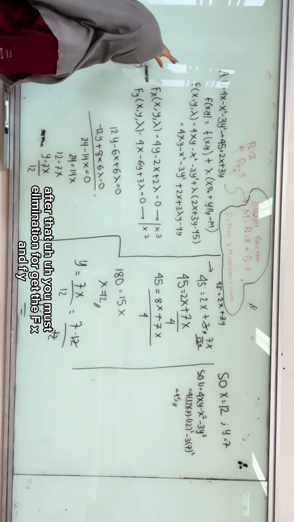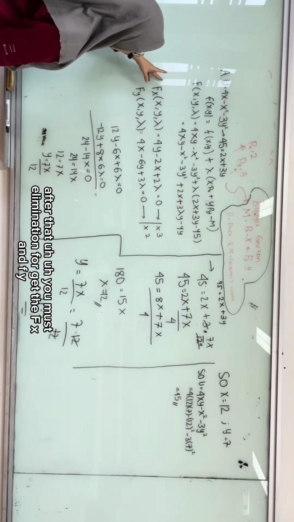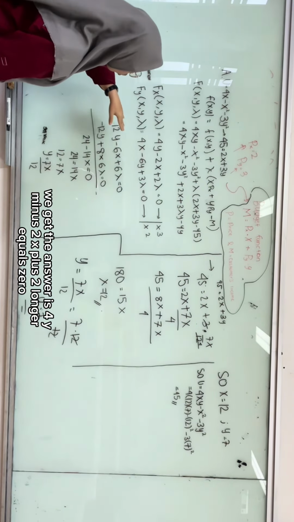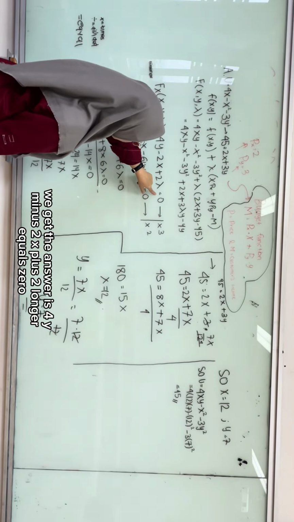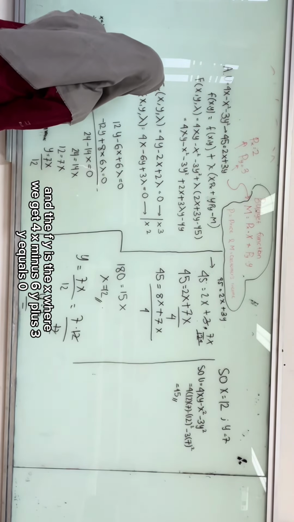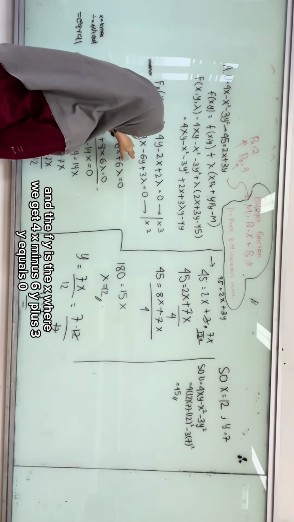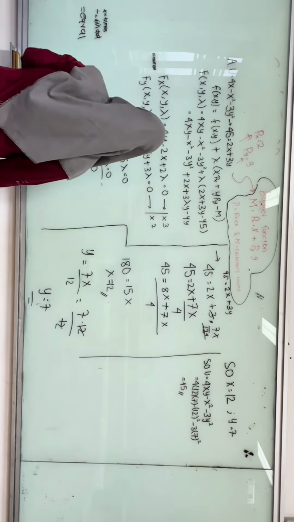After that, we must eliminate to get fx and fy. For fx, we get 4y minus 2x plus 2 lambda equals 0. And for fy, we get 4x minus 6y plus 3 lambda equals 0.